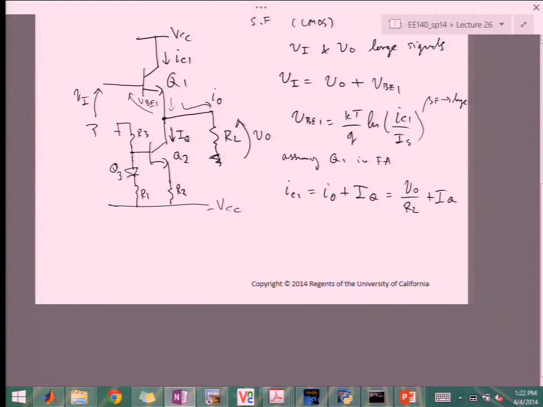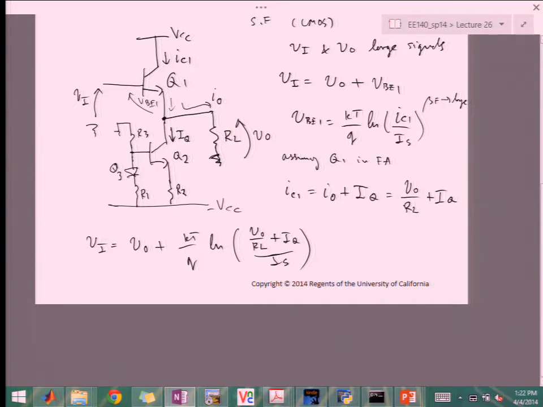So now we have that VI is VO plus kT over q ln of (VO over RL plus IQ) over IS.